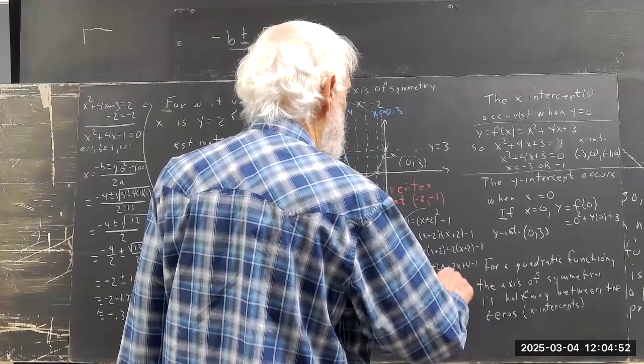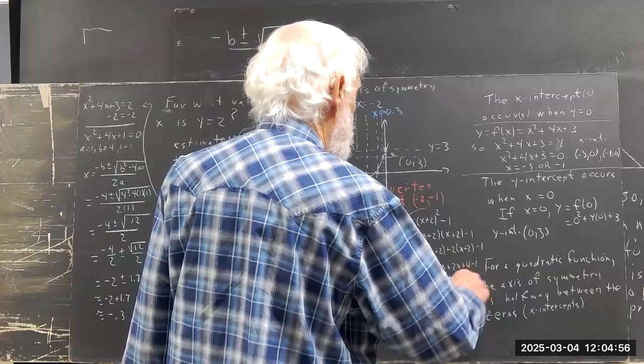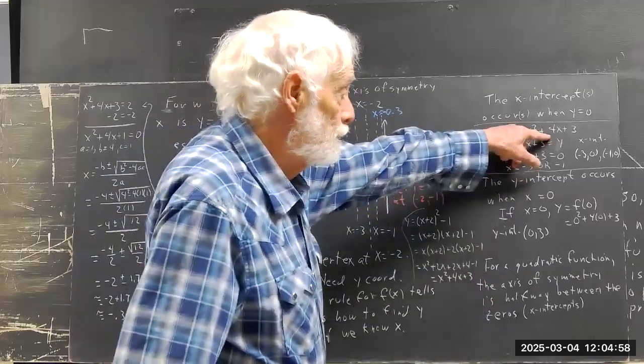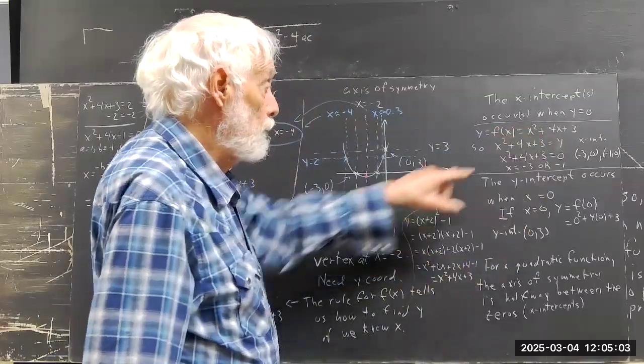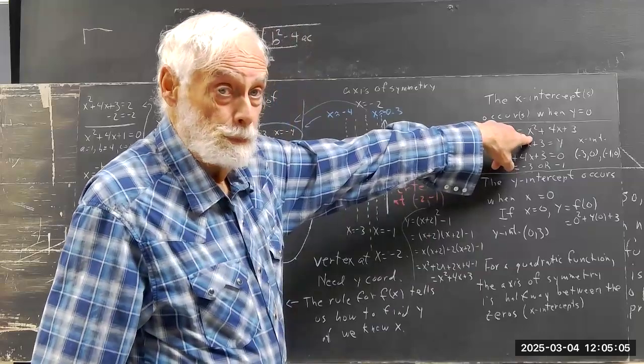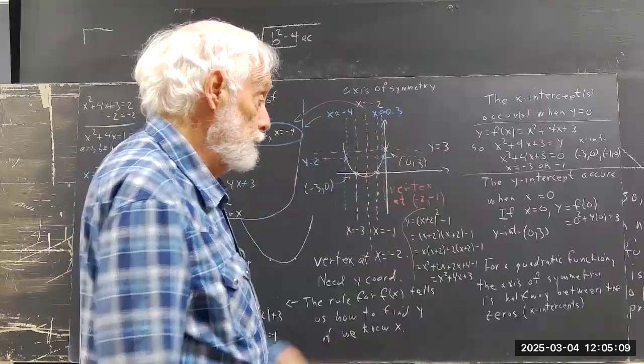That's x squared plus 4x plus 3. Same formula. You can go from this form to this form anytime you want to, and you're still going to get the same vertex and the same graph.